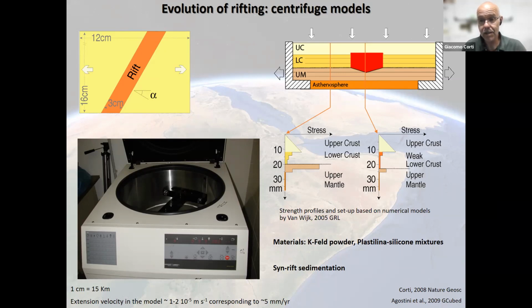We have, again, a scale which is 1 centimeter in the model representing 15 kilometers in nature. We have a scaling of the forces and the velocities imposed on the models in order to have a model which is a realistic replica of the complex geological system.